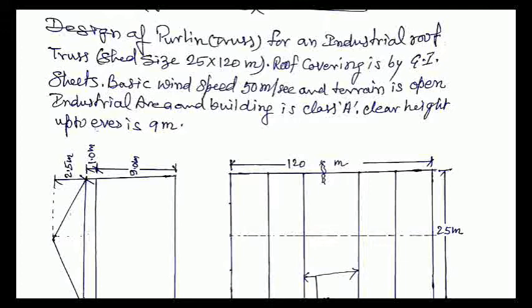Basic wind speed will be taken as 50 meter per second, and terrain is open industrial area, and building is class A, and clear height of the building up to its eave is 9 meter, and 1 meter is the truss eave height.